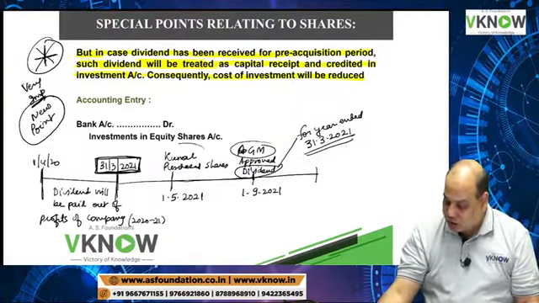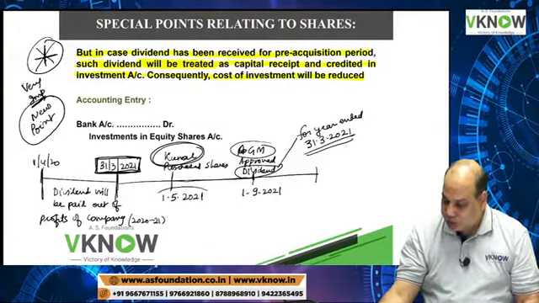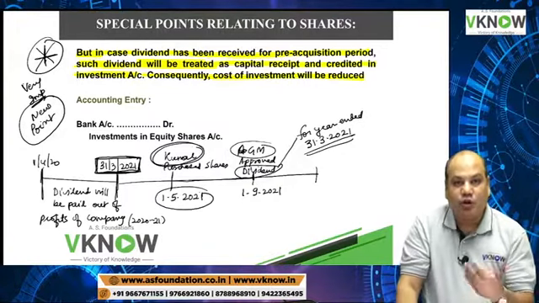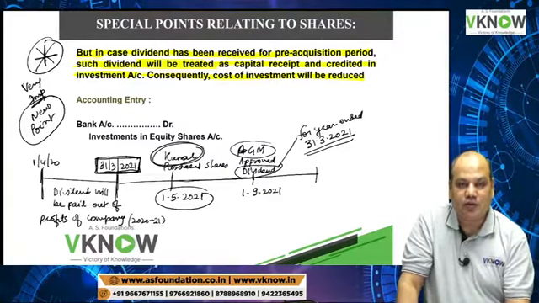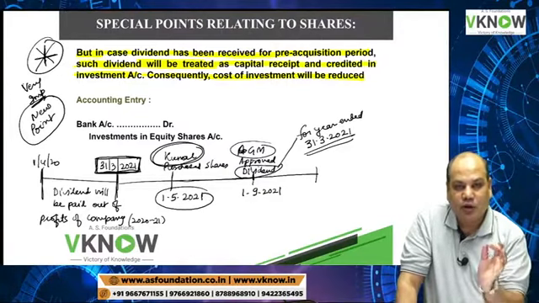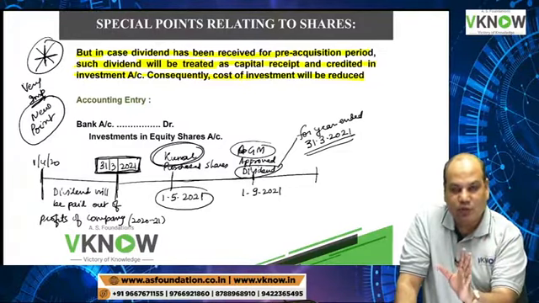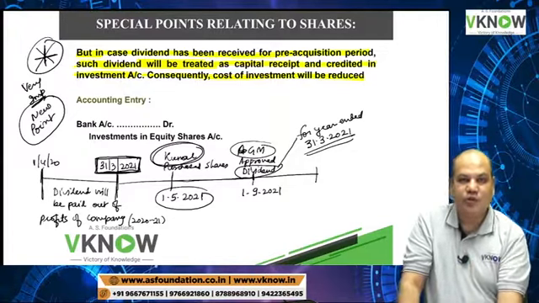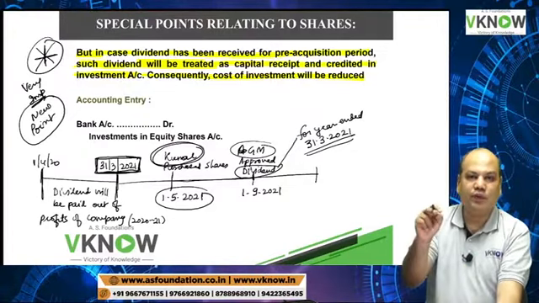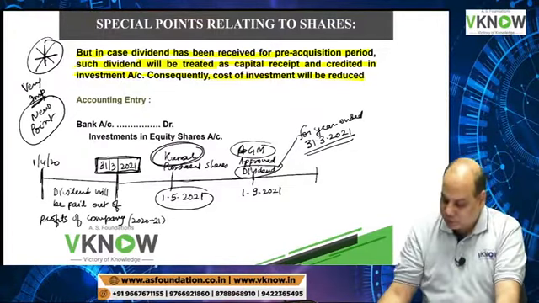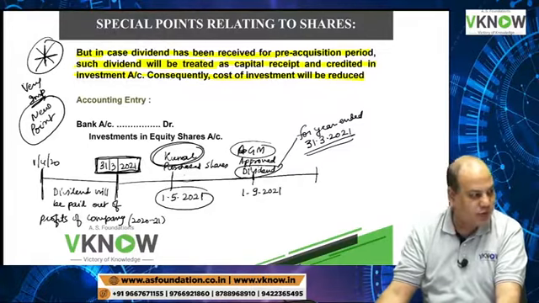But Mr. Kunal has purchased the share on 1st May 2021. Oh my God. Dividend is paid for which year? Financial year 2021. Mr. Kunal has purchased the share on 1/5/2021, from whom?